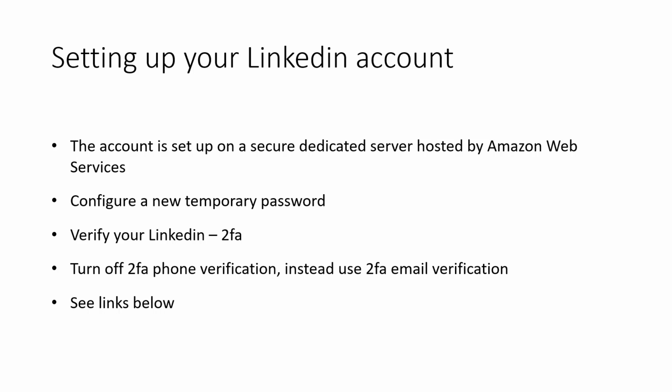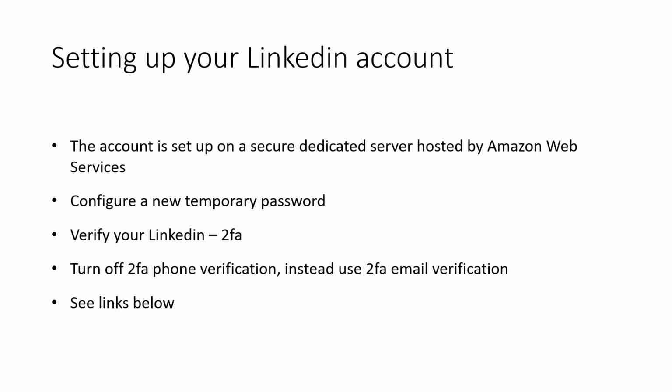And usually you use something called 2FA verification when you sign in. By default, LinkedIn has this feature. So when you sign in, usually you'll get an email from LinkedIn with a code, a 6-digit code.